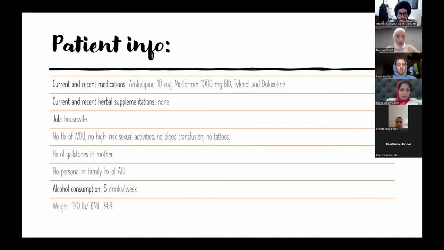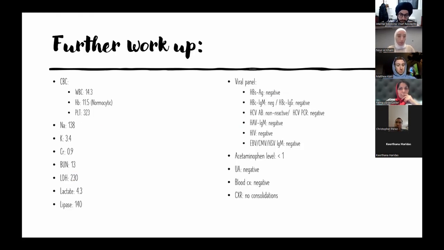Okay. And so this patient's information: she's on amlodipine 10, metformin twice a day, Tylenol, duloxetine, no recent herbals, housewife, no history of IV drug use or high-risk sexual activity, history of gallstones in the mother, no personal or family history of autoimmune diseases, alcohol 5 drinks a week, and her BMI is 34.8.